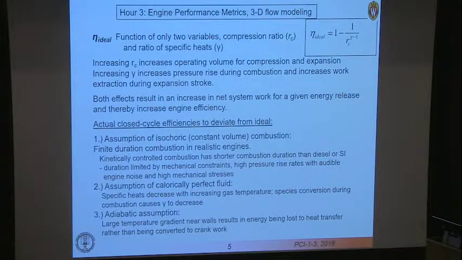Also, we made the assumption of isentropic analysis, of adiabaticity, in other words, no heat losses. But in fact, we have large temperature gradients near the walls resulting in significant heat losses, 20 to 30%. I'll show you results that show how much heat loss impacts combustion.